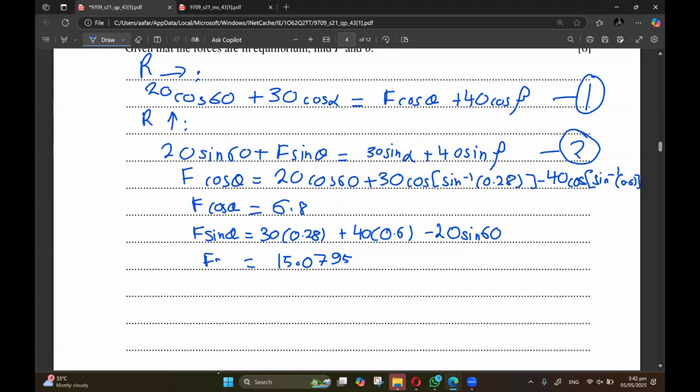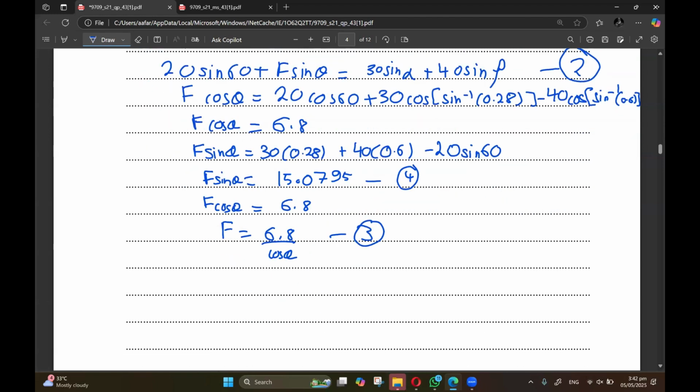So we know f cos alpha is 6.8. Let's say f is basically equal to 6.8 over cos theta. This is 3, and let's call this one 4.